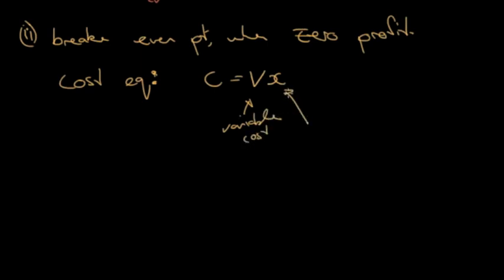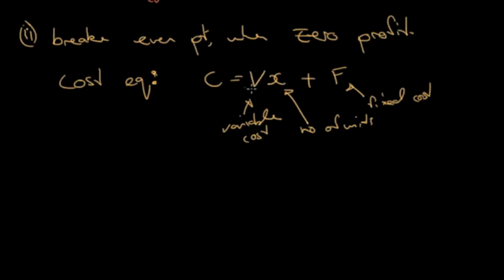We call this number of units. But there's also a fixed cost, right? Fixed cost is something that doesn't change no matter the number of units.